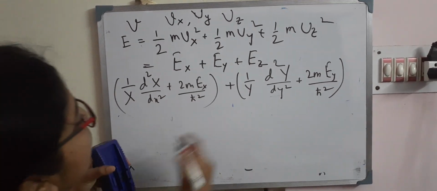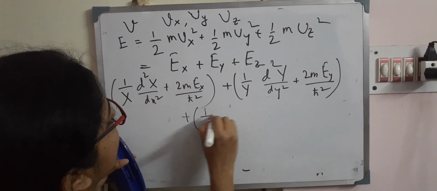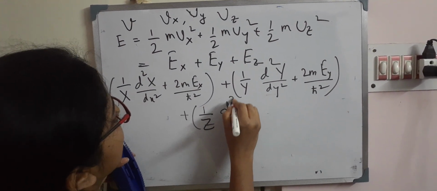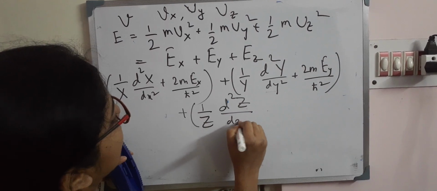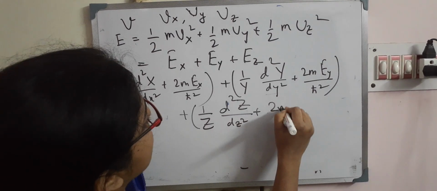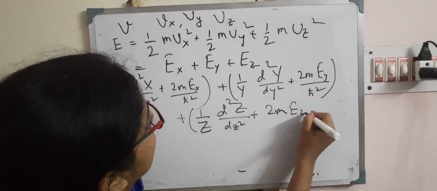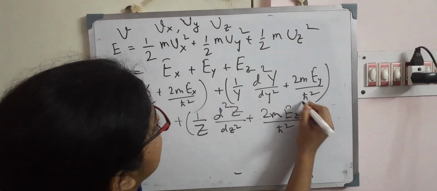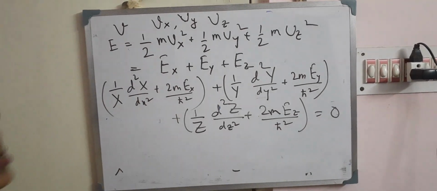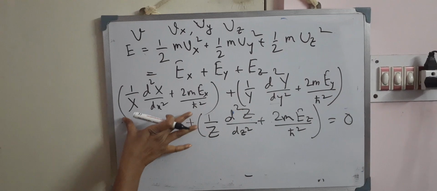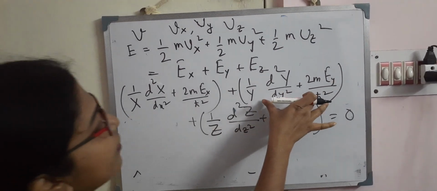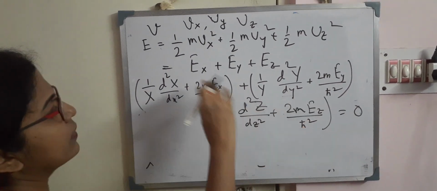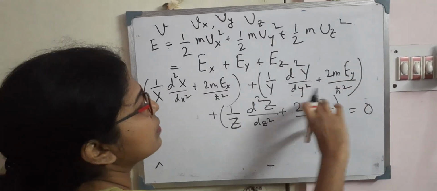So the third term is this 1 by z d2 capital Z dz square plus 2m Ez by h cut square, equal to 0. So this is a function of x, this is a function of y, and this is a function of z. This is constant, constant and constant.